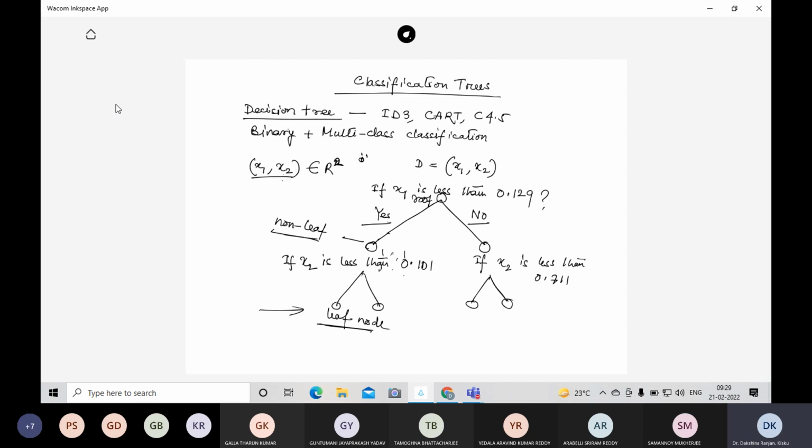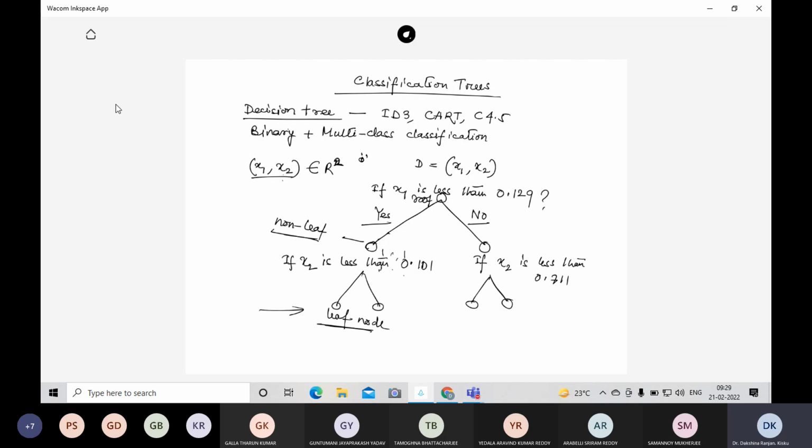Non-leaf nodes are responsible for splitting the data further, and the leaf node is responsible for assigning the class label to a particular value of the attributes.